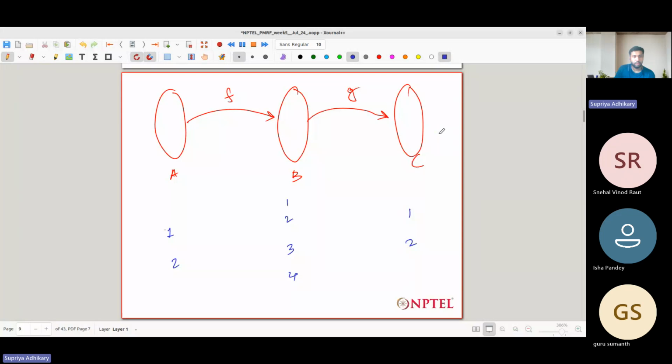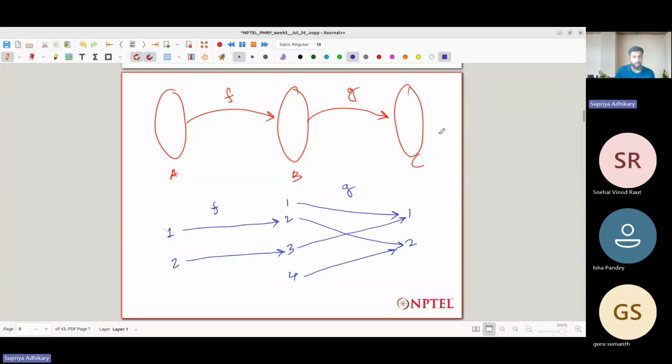Now 1 is mapping to 2, 2 is mapping to 3, 2 is mapping to 2, and 3 is mapping to 1. So we have a mapping like this. This is our mapping f and this is our mapping g.